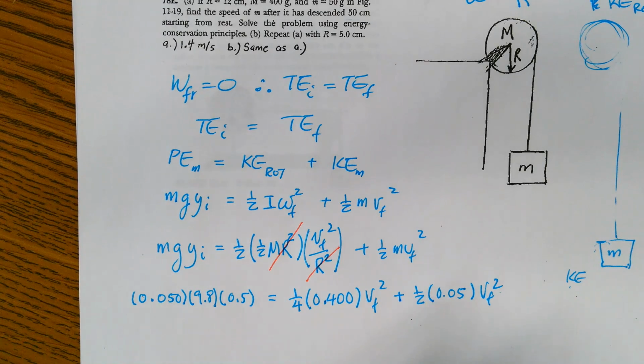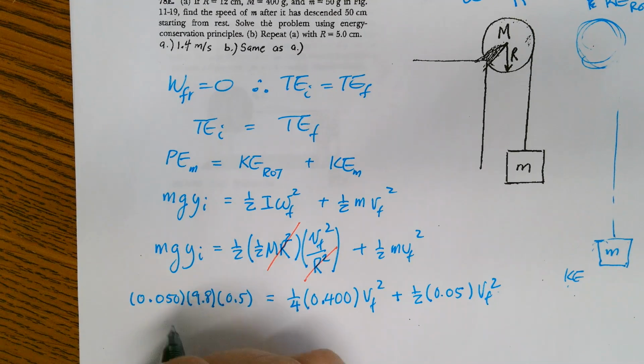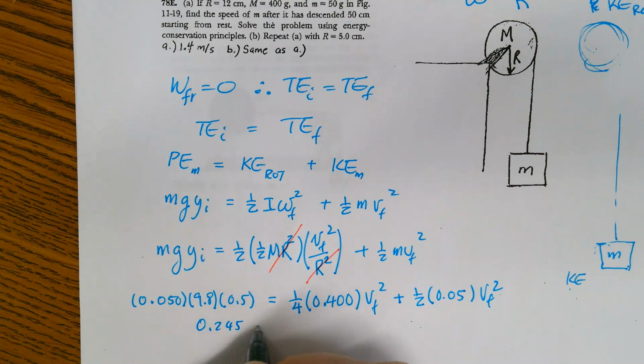Well, now the rest is algebra. So here I get 0.25, something like that, or 0.245 is equal to, what is this mess right here?